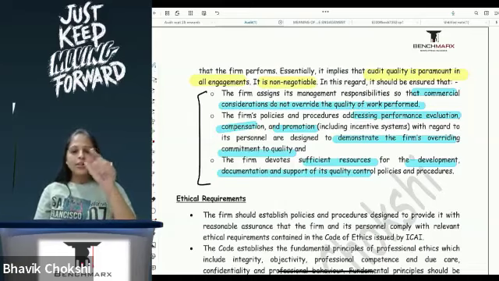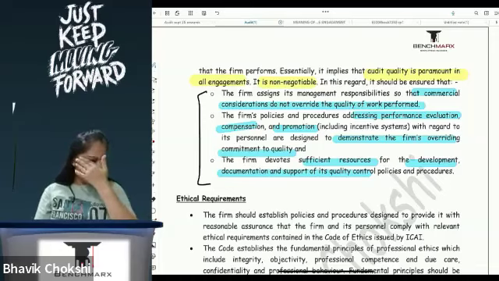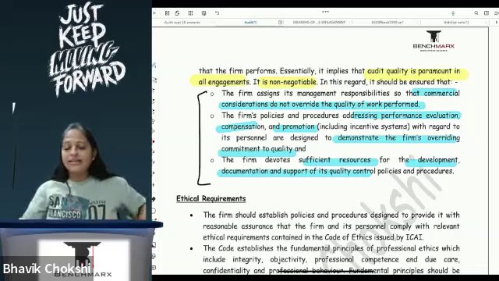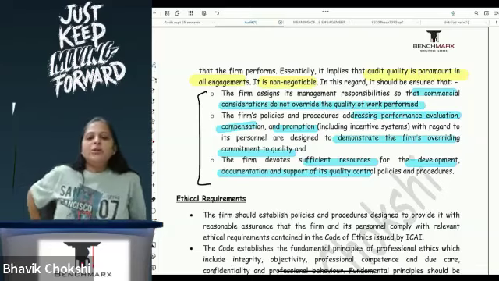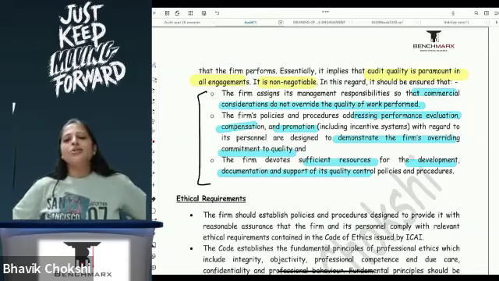Correct? So the first thing here is that you should understand that because he is getting more money, he is ready to accept an assignment where people are not doing the right things. That is talking about my quality control.